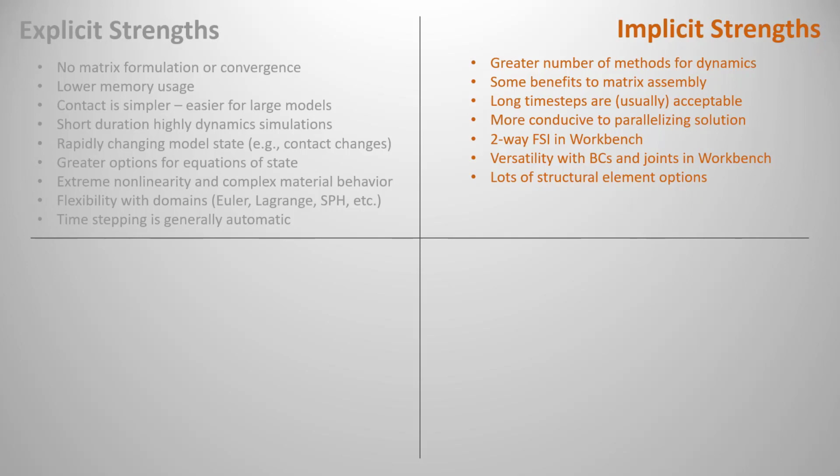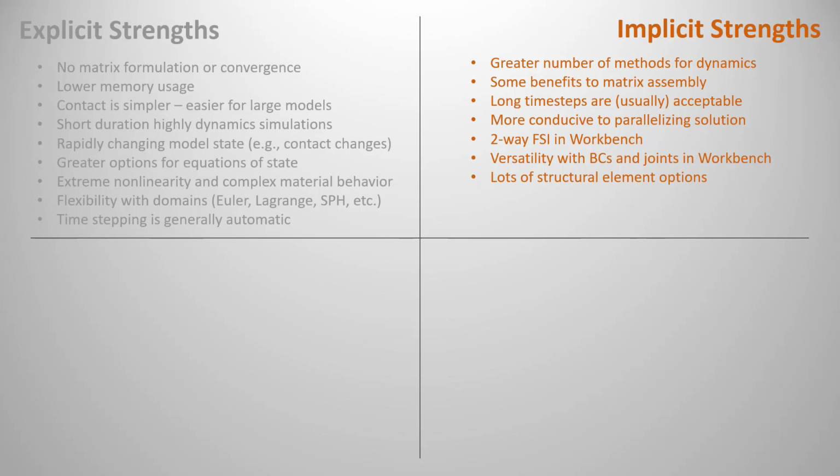I put this in here and I've kind of gone back and forth. Parallelizing a solution, splitting the solution up between multiple nodes in a solve cluster is supposedly a bit more efficient with implicit, although I think LS-DYNA actually parallelizes quite well.